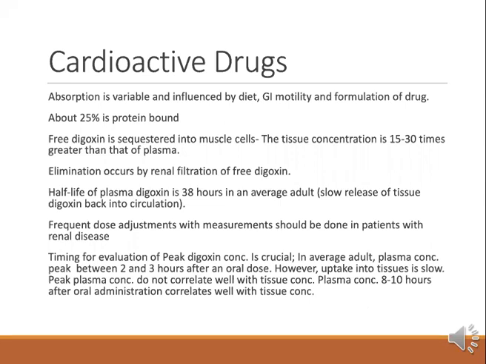In an average adult, plasma concentration peaks between 2 to 3 hours after an oral dose. However, uptake into the tissues is slow. Plasma concentrations do not correlate well with tissue concentrations. Plasma concentrations about 8 to 10 hours after the oral administration correlate well with the tissue concentration.